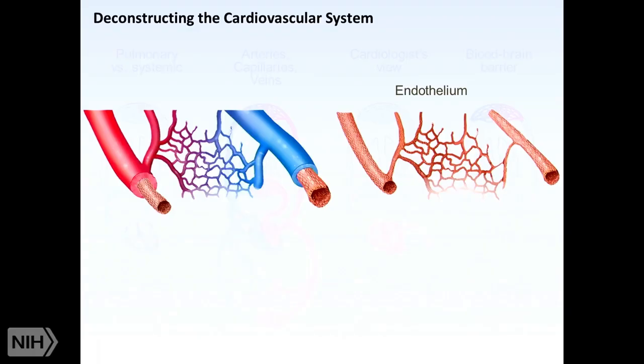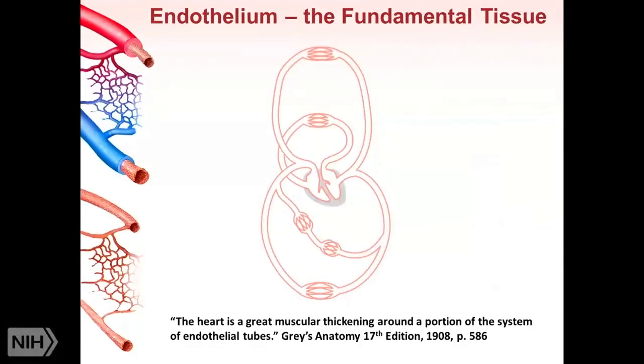And in doing so, we find that the endothelium is the single entity that enters into the composition of the entire system. It's the common thread, the one piece that ties everything together. And viewed from this kind of delightfully endothelial-centric perspective, the endothelium is the fundamental vascular tissue, and the heart really is nothing more than a great muscular thickening around a portion of the system of endothelial tubes.